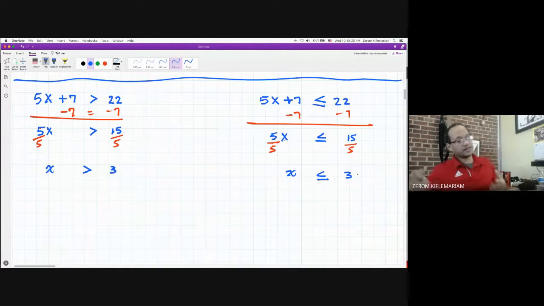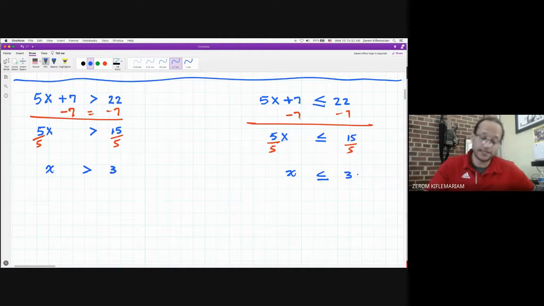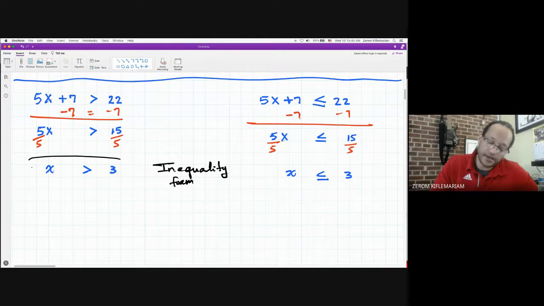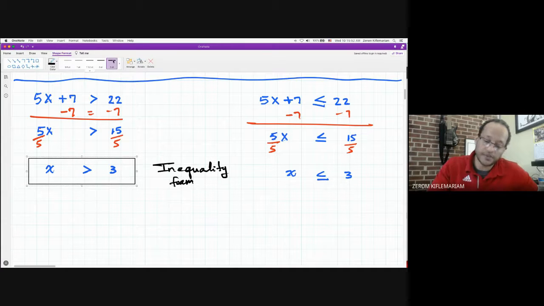This is known as my answer in inequality form. If I leave my answer in that format right here, that's my answer in inequality form.